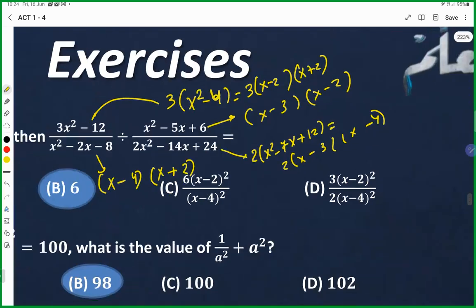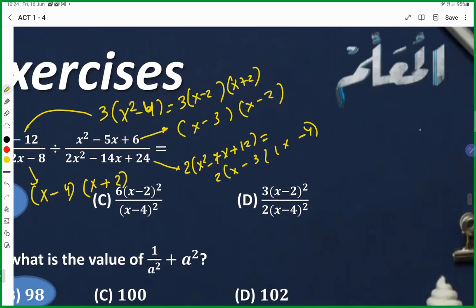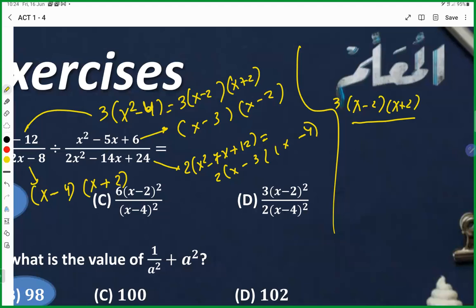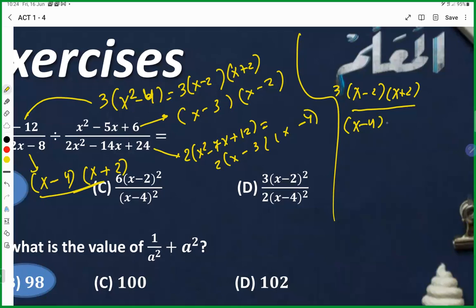What's the next step, mister? Okay, every single one we put in its place. So on the left side, we say 3 bracket x minus 2, x plus 2, all over x minus 4, 3x plus 2, multiply. Now we flip: the below polynomial becomes up, and the upper one we put down.